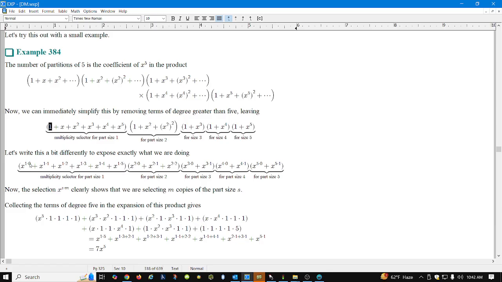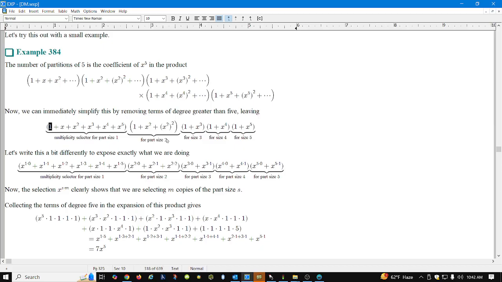There are 0 copies of 1. x means 1 copy of 1. x squared means 2 copies of 1, and so on. x to the 5th means 5 copies of 1.